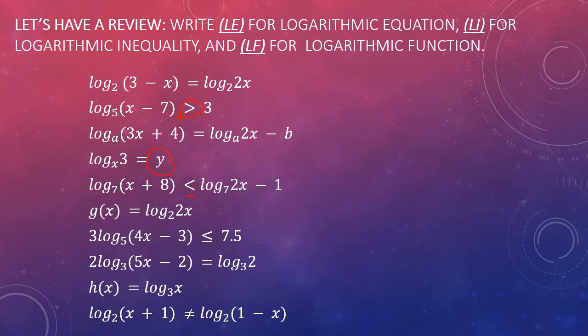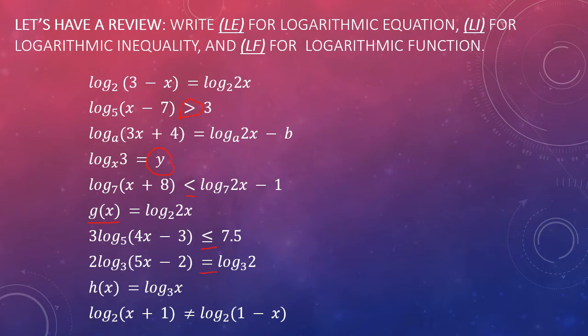And then number 6, we have g of x, which is a function notation, therefore this is a logarithmic function or LF. For number 7, we also see again the inequality symbol, therefore it is a logarithmic inequality. For number 8, we see an equal symbol, but there is no function notation, therefore it is a logarithmic equation or LE.